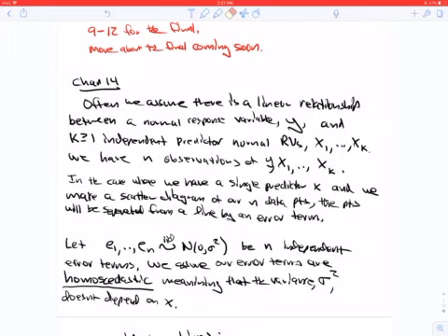It's important to know that here we assume that our response variable is normal and our predictor variables are independent normals. And we have n observations for each of these.